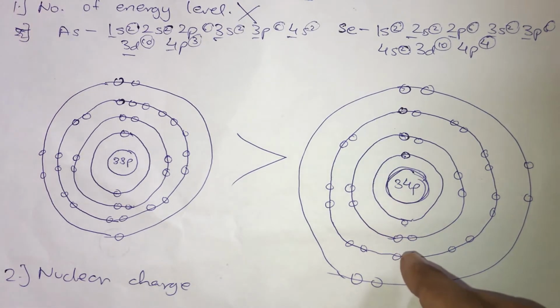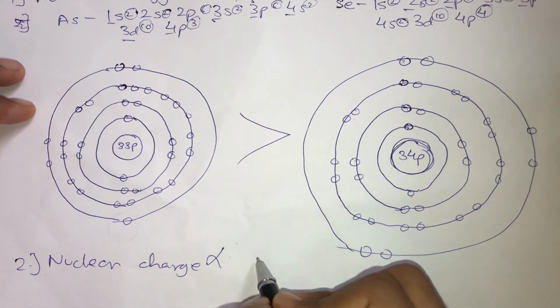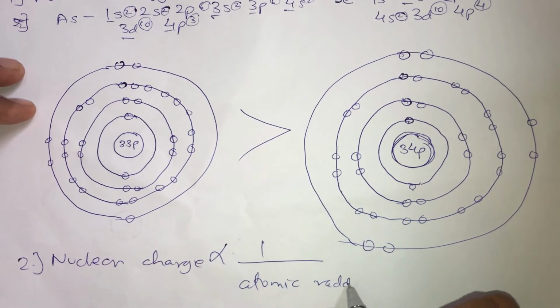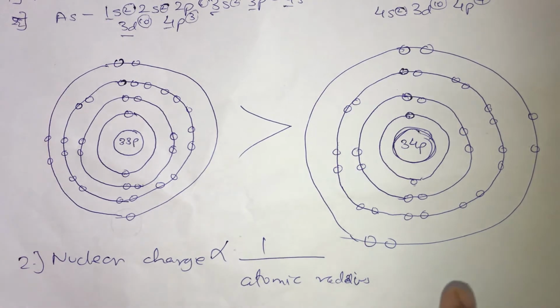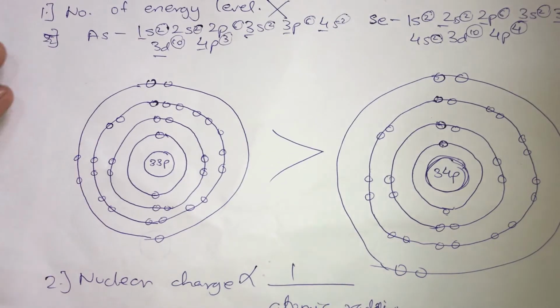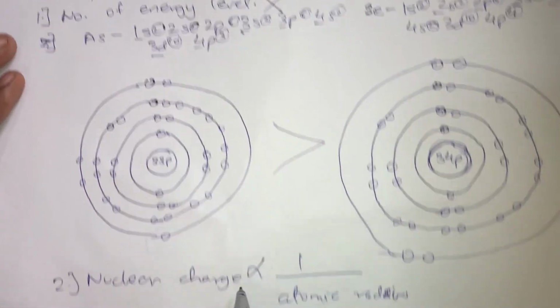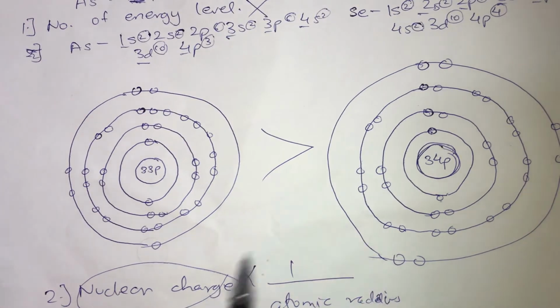So the greater the number of protons, the greater the nuclear charge, and the greater the nuclear charge, the less the atomic radii. Am I right? So can I say that the differentiating factor between arsenic and selenium is the nuclear charge. The difference in nuclear charge is causing the atomic radius to change.